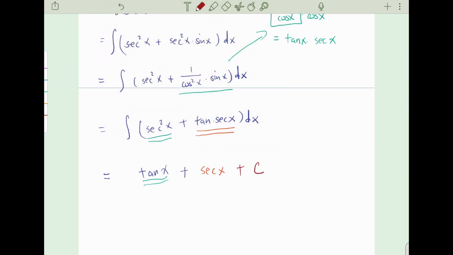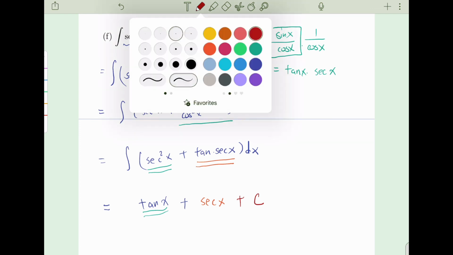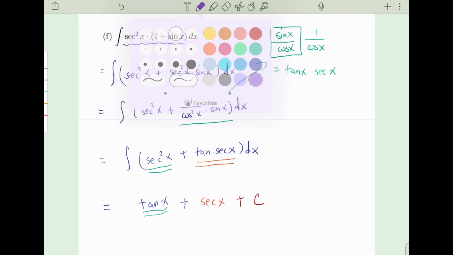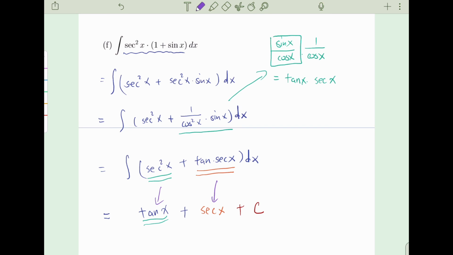Both these expressions can be found in the formula sheet. We have the antiderivative for both of them, so if you're not familiar with it, just look it up. So that is question F, probably tricky here, but as we practice more, we will get more comfortable with these questions.